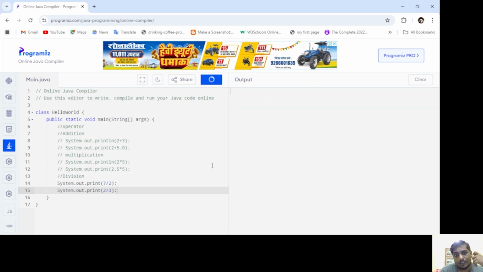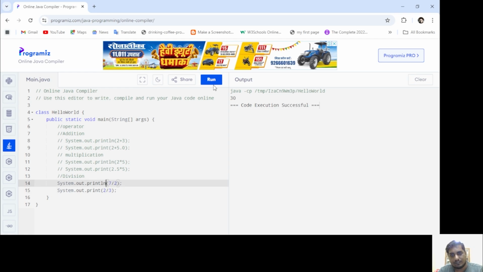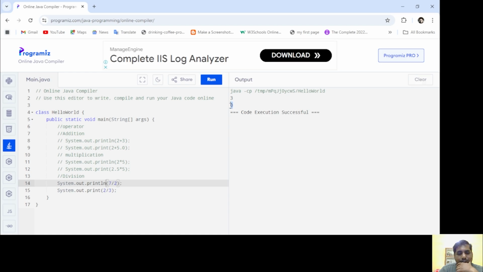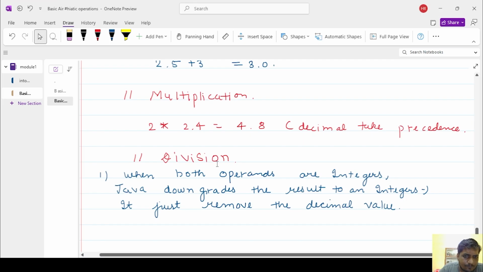See the answer. Here the second statement gives 0. Why? It doesn't take the value after the decimal point, it takes the value before the decimal point. The first rule is clear: whenever integers are divided, it terminates all the decimal value. The first point is as simple as that. Now we'll come to the second point.